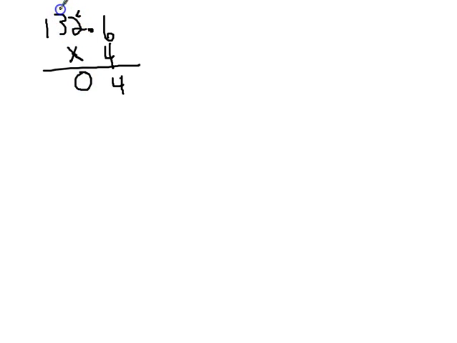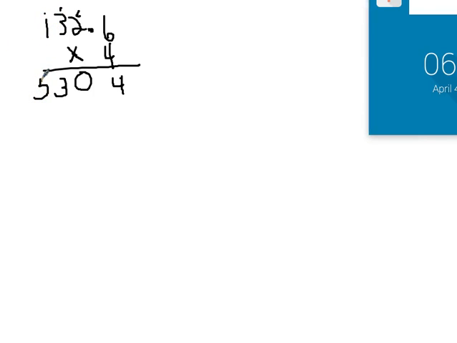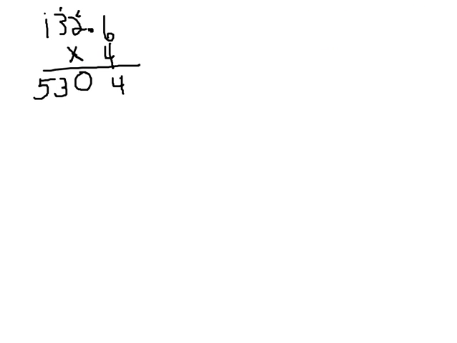Put the 0, carry the 1. 3 times 4 is 12, plus 1 more is 13. 3, carry the 1. 1 times 4 is 4, and 1 more is 5. So I have my multiplication done. But now I'm looking at, I have a decimal here.